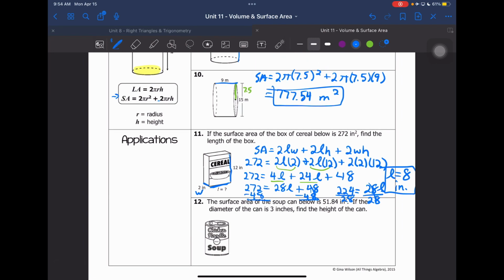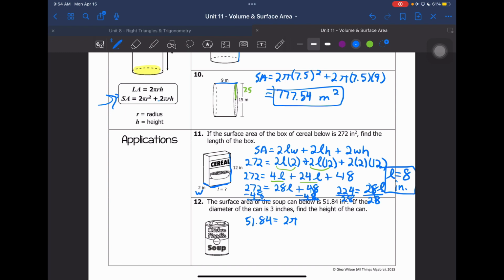Number 12 says that the surface area of the soup can below is 51.84 inches squared. If the diameter of the can is 3 inches, find the height of the can. So all we need to do is use the formula for surface area of a cylinder. So I know that the surface area is 51.84 and 2 pi r squared.